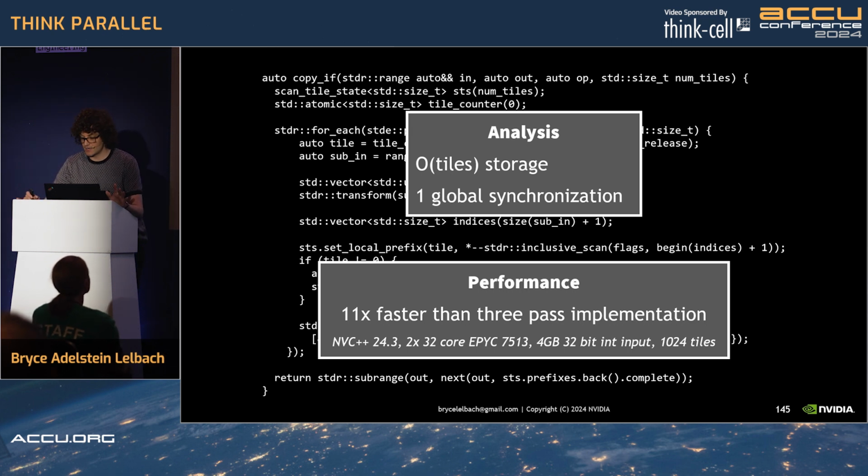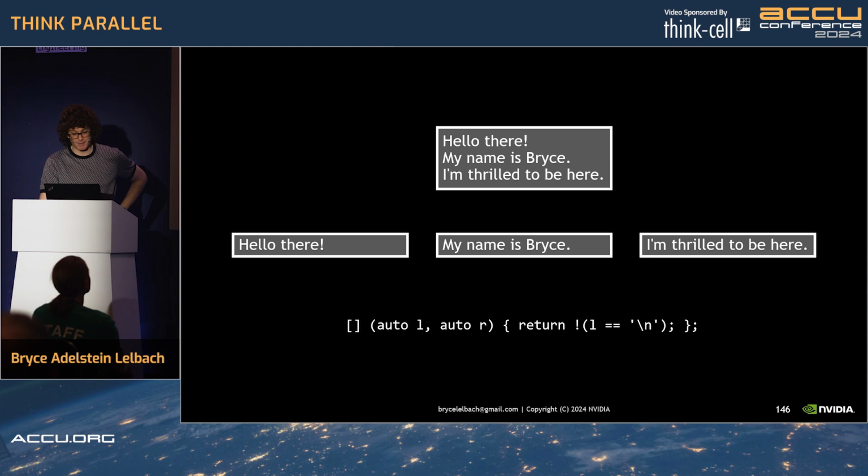All right, so now we are going to move on to the climax of this talk, an algorithm that I think is really, truly beautiful, although a little bit more complex, which is chunk by. So chunk by takes a range and a binary comparison operation.